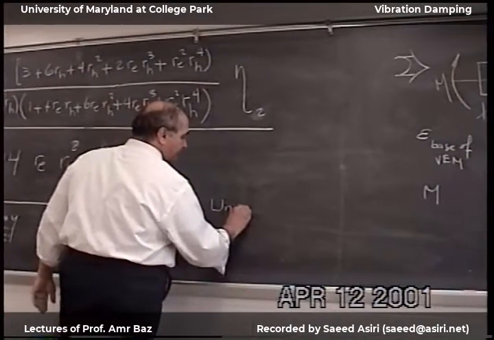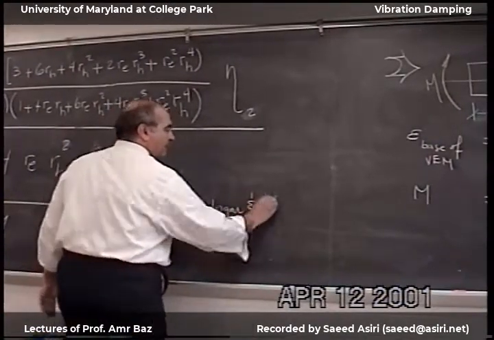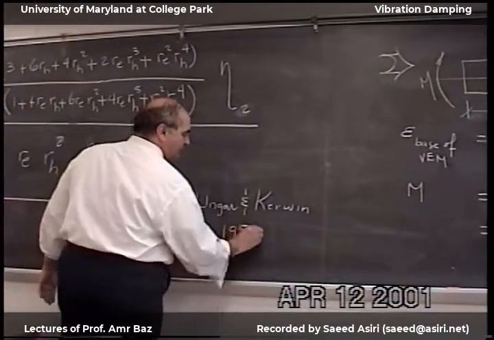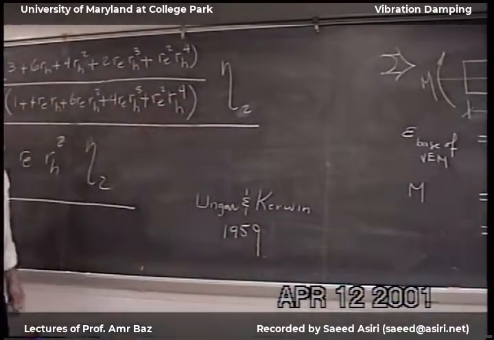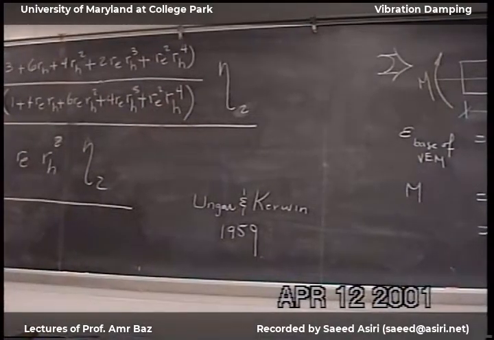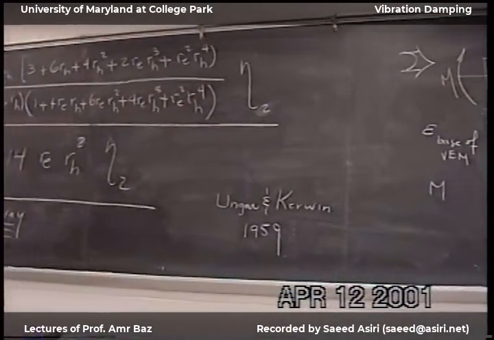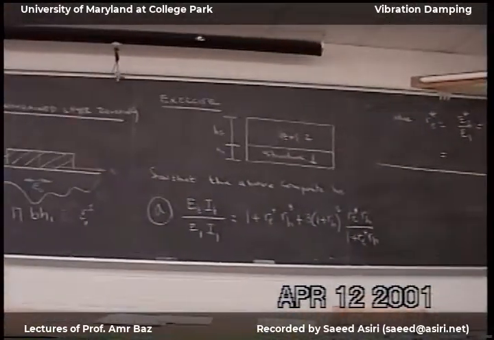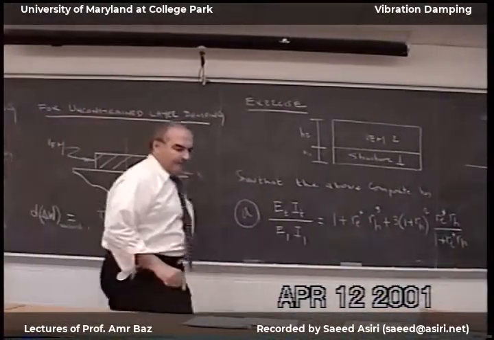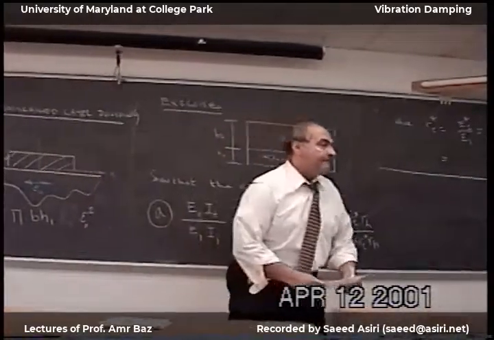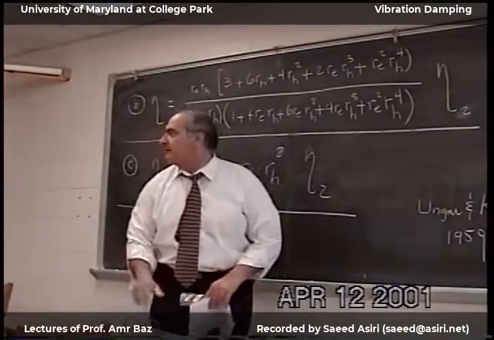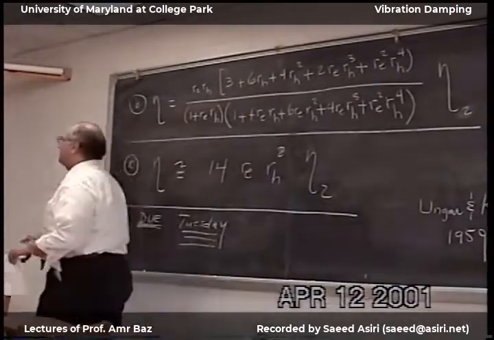Okay? All this was done by Unger and Kerwin, 1959. That's the original paper that they did on this idea. This is in Journal of Society of America. Just a little example here. Oh, I'm sorry, I did not say this.